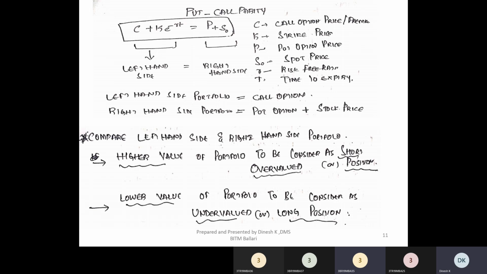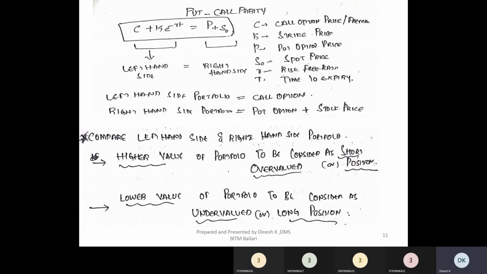Yes, sell the equity, sir. Yeah, you will sell the equity share, you will receive the cash, or you need to pay the cash? Receive, sir. Yeah, in both cases you will receive the cash, right? When you take short sale on equity, you will receive the cash. When you take short position on the put option, you will receive the cash.